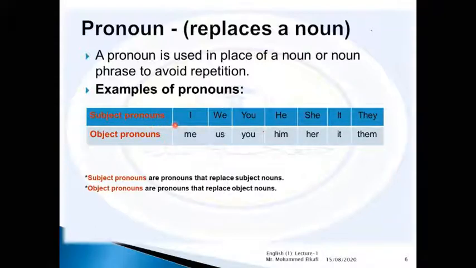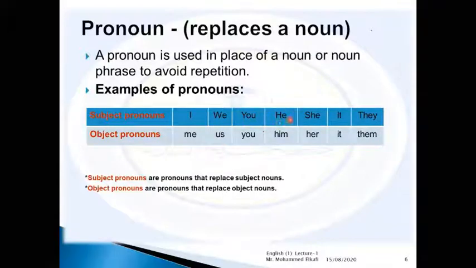So what are they? First, I. When you speak about yourself, you can say I. We. When you talk about yourself and some other person or group of people with you, you can say we. You. When you talk to someone, you will say you.